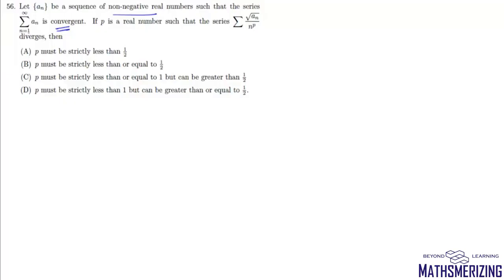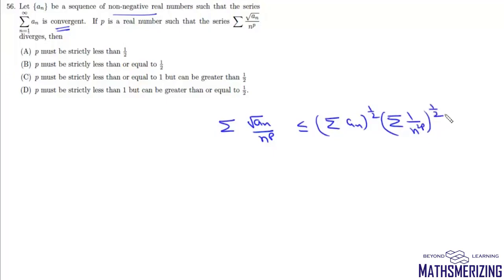Now from the Cauchy-Schwarz inequality we can say that this summation under root a_n upon n to the power p is less than or equal to summation a_n whole to the power 1 by 2 into summation 1 upon n to the power 2p, to the power 1 by 2.